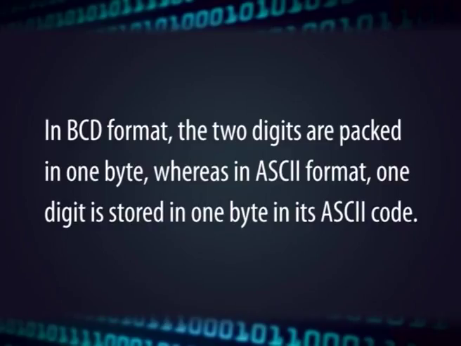The data format can be unsigned or signed binary numbers, BCD format, or numbers represented as a sequence of characters in ASCII format. In BCD format, 2 digits are packed in 1 byte, whereas in ASCII format, 1 digit is stored in 1 byte in its ASCII code.